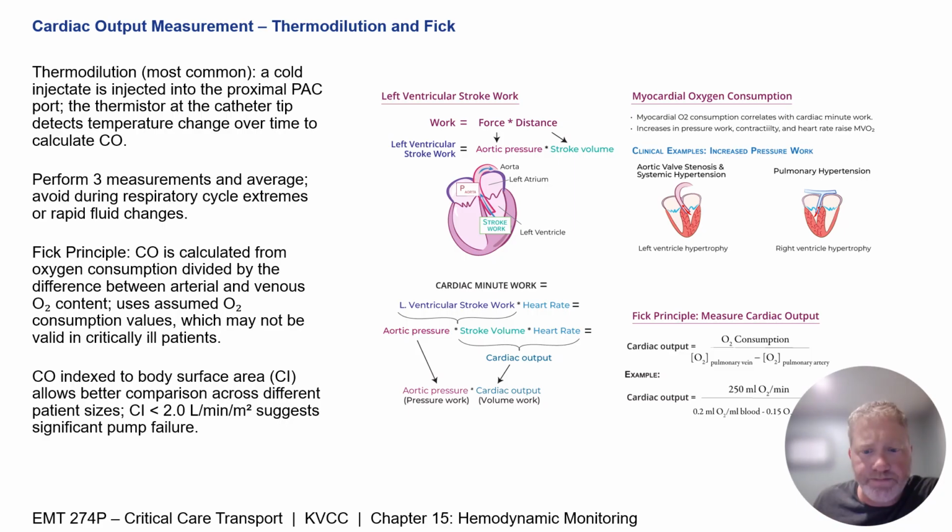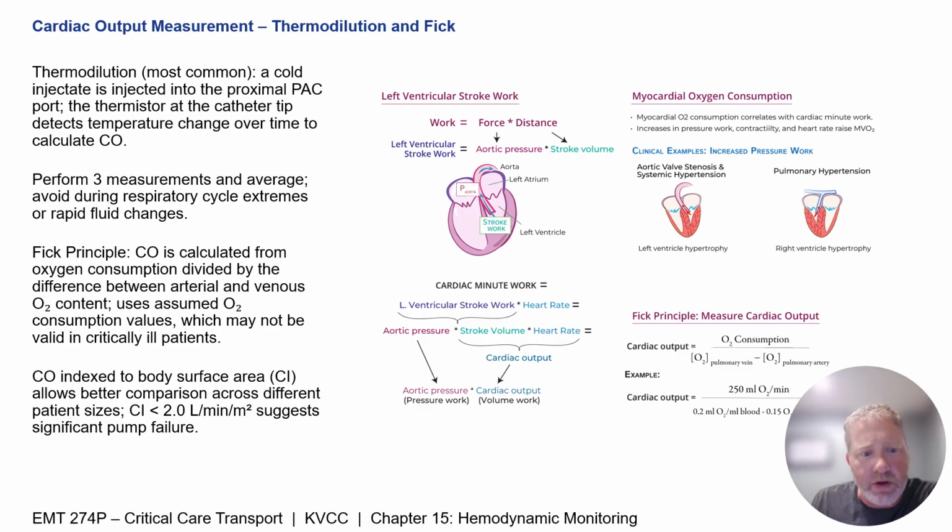Cardiac output, when you measure it by thermal dilution, uses a temperature change detected at the catheter tip after injection of a fluid bolus. The technique requires careful execution and averaging because respiratory variation and inconsistent injection can distort the result.